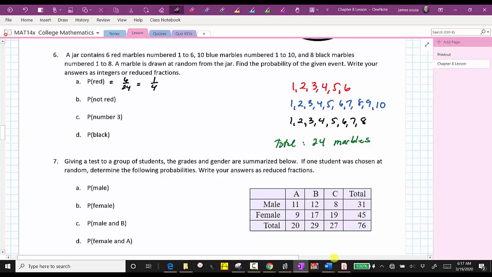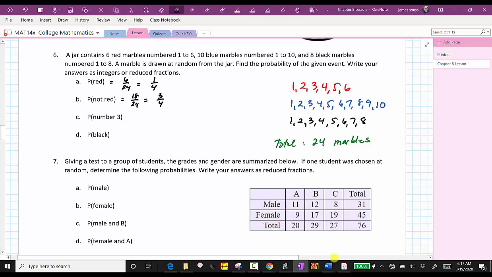Out of 24 marbles, the probability of a not red marble is 18 divided by 24, which simplifies to 3/4. Notice how this is also equal to 1 minus 1/4, where 1 represents 100%, minus the probability of a red marble, which would give us the probability of not a red marble.